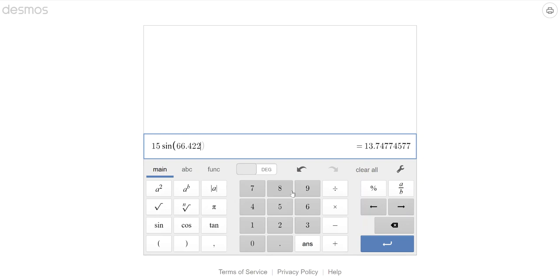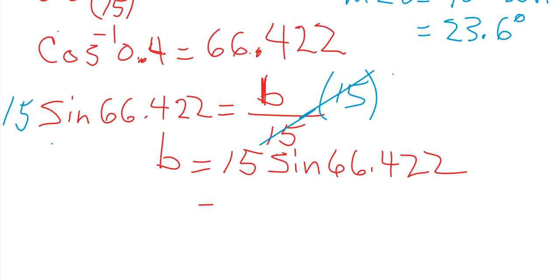But in any event, I think the book on this particular problem wanted us to do the nearest 10th. So 13.7 is our answer for little b.